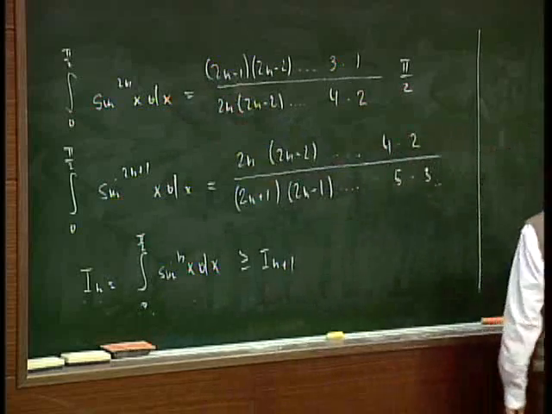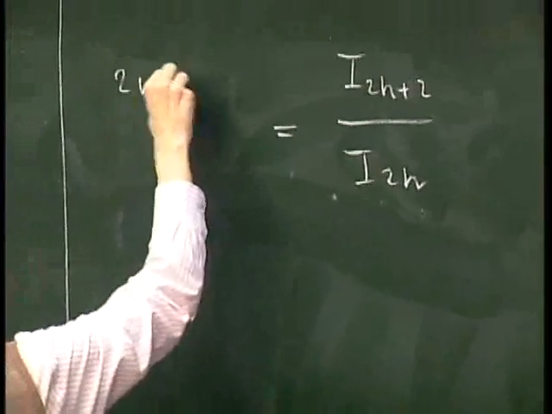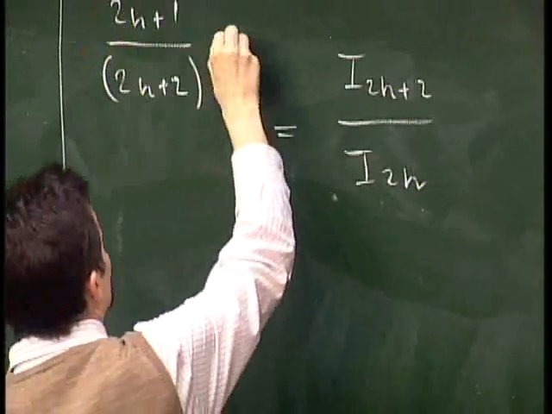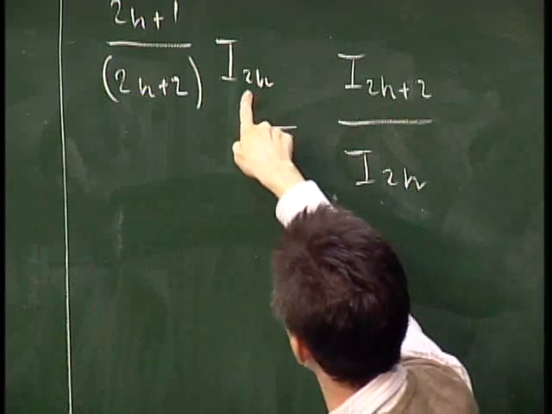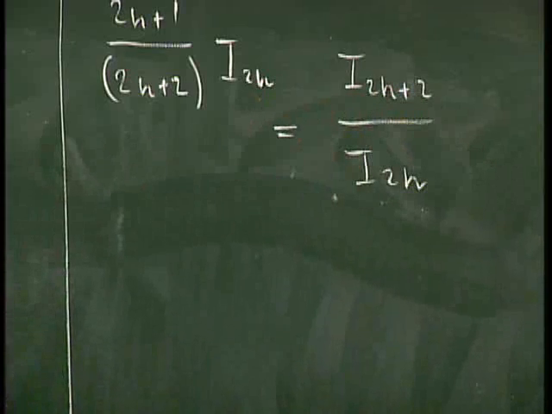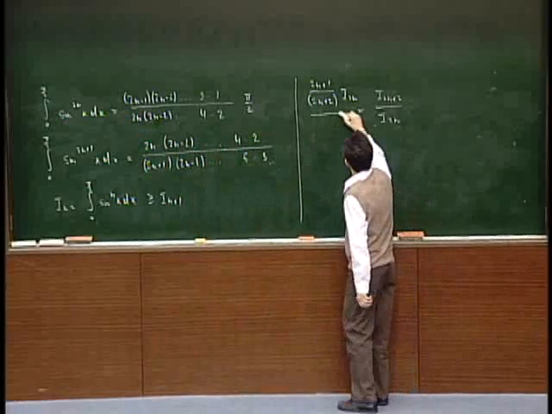So you see that this one here is (2n+2)/(2n+1) times I_{2n}, because if you go from 2n to 2n plus 2, the only thing you do is add two numbers at the beginning, over I_{2n}.